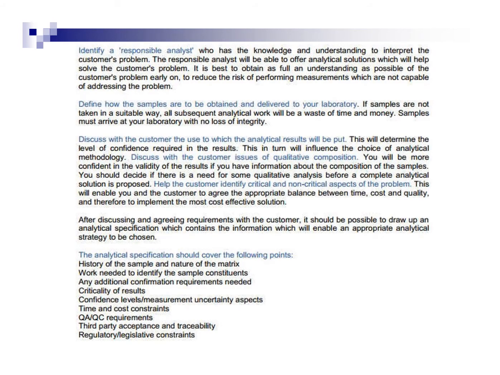Basically, the organization has to identify a responsible analyst who has the knowledge and understanding to interpret the customer's problem and to give the best solution to the customer, and should define how the samples are to be obtained and how they are going to be delivered to our laboratories.